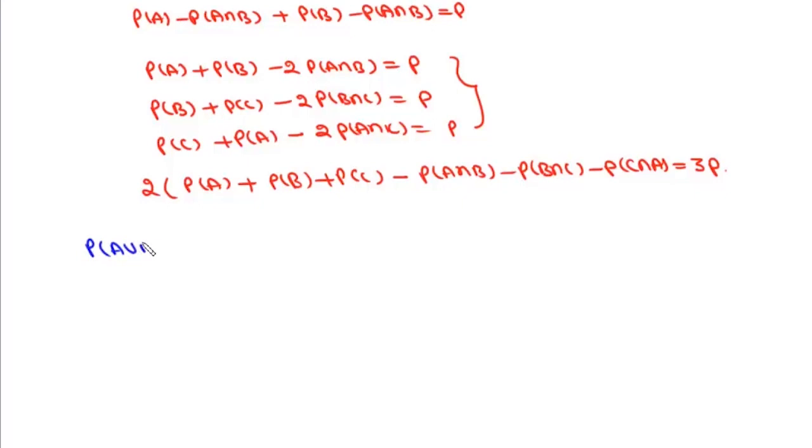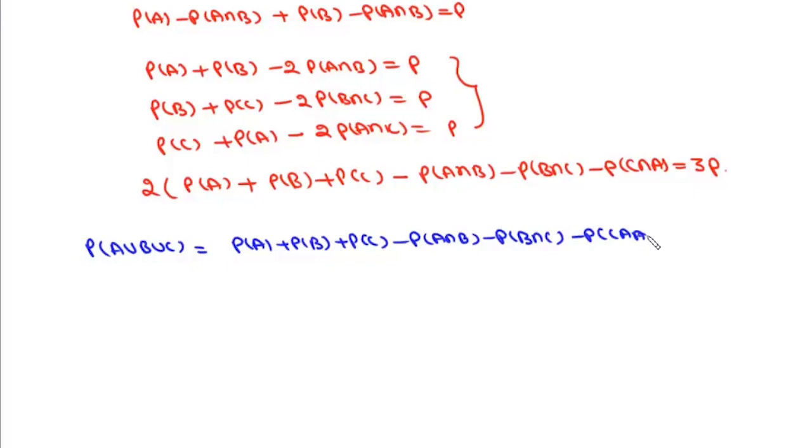Probability of A union B union C. Now this probability is P(A) plus P(B) plus P(C) minus P(A∩B) minus P(B∩C) minus P(C∩A) plus probability of A∩B∩C.